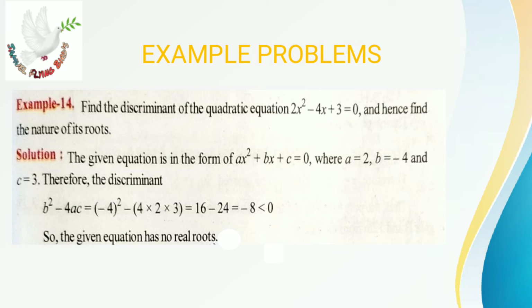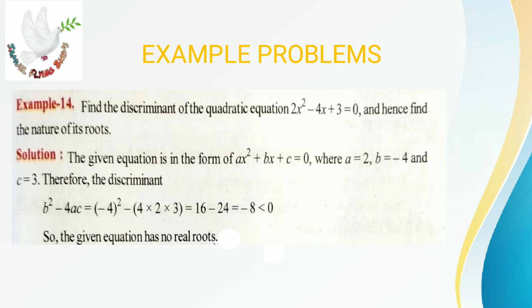Coming to the solution, the given equation is in the form ax square plus bx plus c equal to 0, where a equal to 2, b equal to minus 4 and c equal to 3. Therefore, the discriminant formula is b square minus 4ac. We substitute the values of a, b, c in the formula.